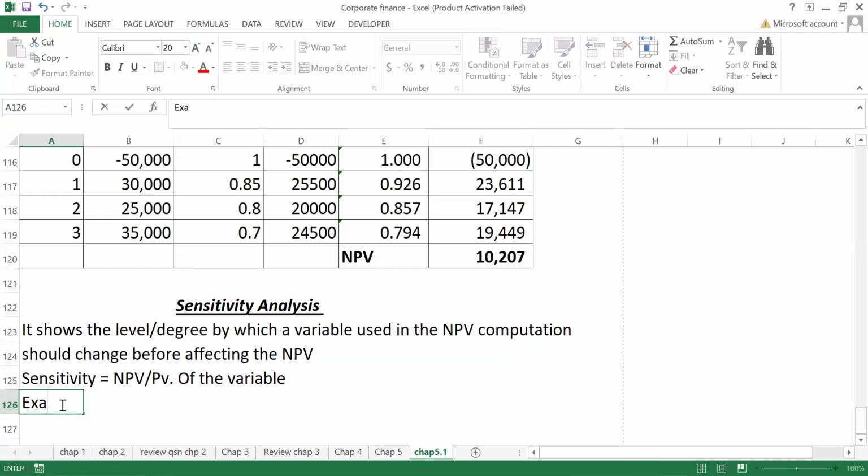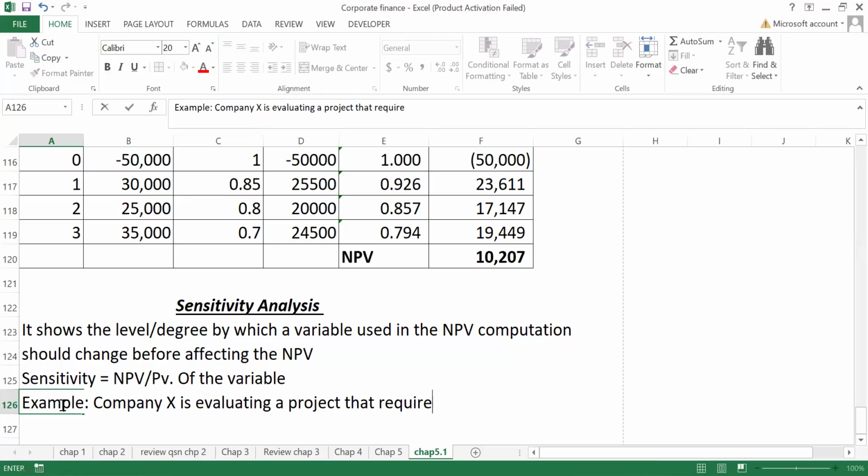So we can look at a simple example, maybe for 2 years or 3 years. Company X is evaluating a project that requires 60 million.